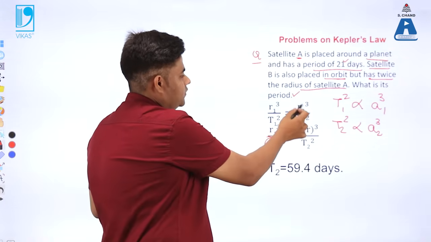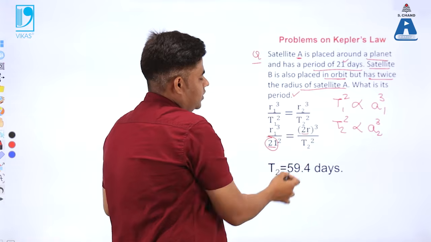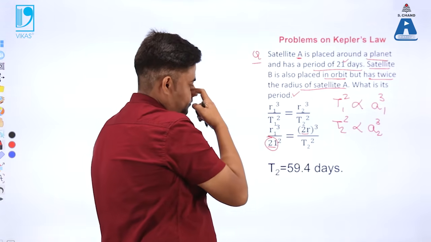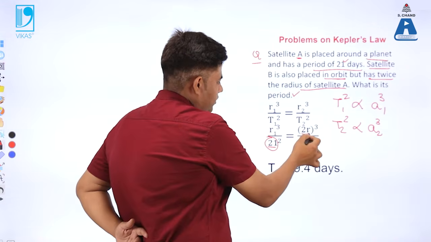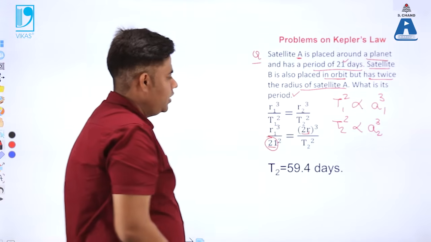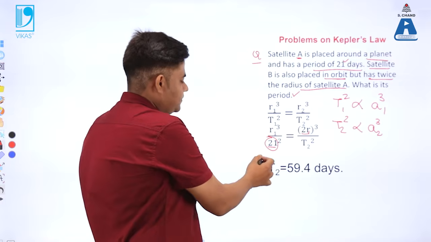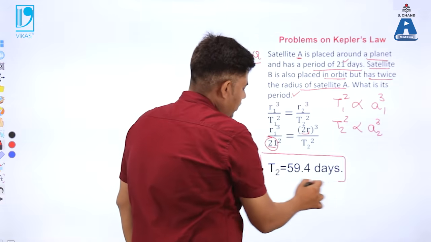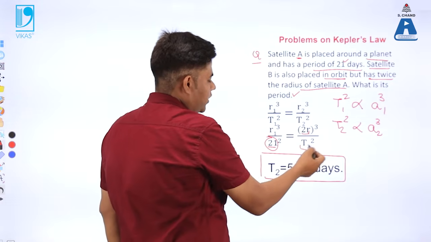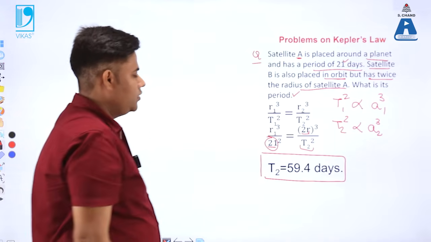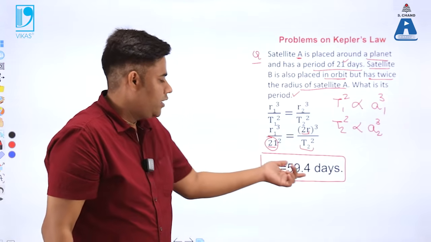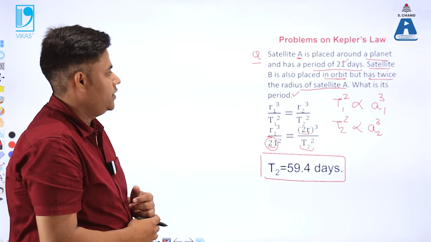So the semi-major axis for the second satellite is 2R1. I have substituted this in the expression, so R1 cubed and R1 cubed get cancelled out. On solving, you are left with only one unknown variable, which is T2. So on solving, you will get the value of T2, which is 59.4 days.